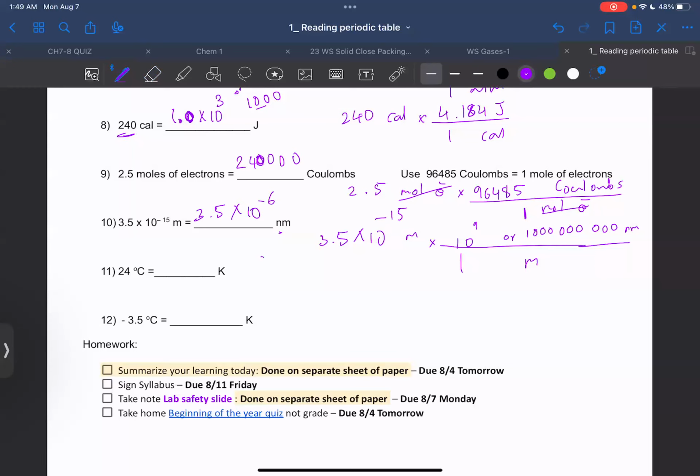Okay, for these two, you're not multiplying or dividing. You're adding and subtracting, because Kelvin is the Celsius plus 273.15. I'm just going to keep it at 273, or 273.15. This is actually fine. You can just use it. So we're going to go with that.